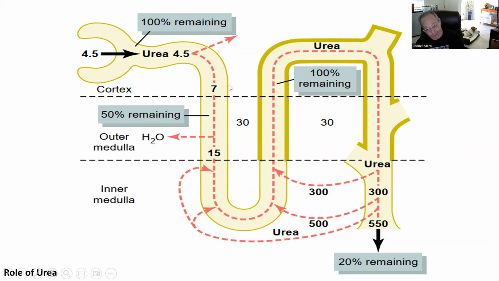In cases of dehydration and in the presence of ADH, urea is going to be reabsorbed from the collecting duct into the interstitium, and it's going to start recirculating, going back into the loop of Henle, making this interstitium a lot more hyperosmolar, because we need the hyperosmolarity in order for this whole system to work.